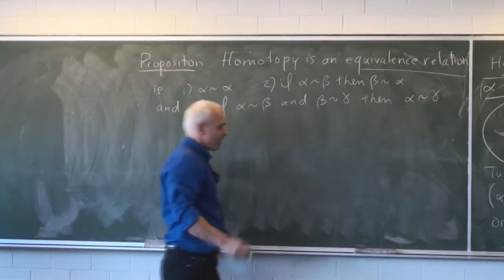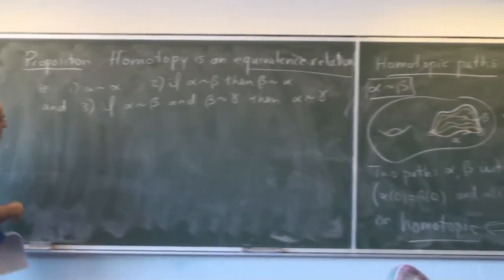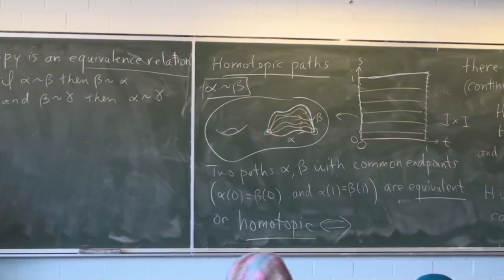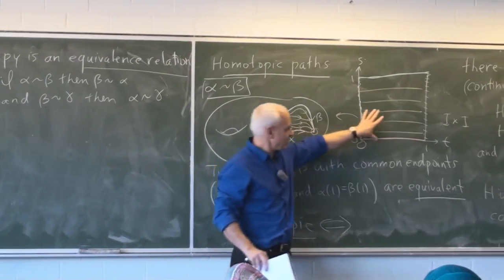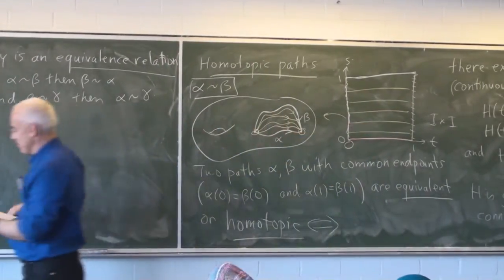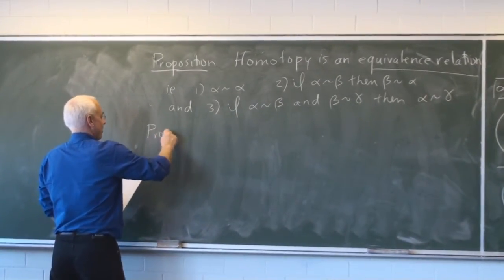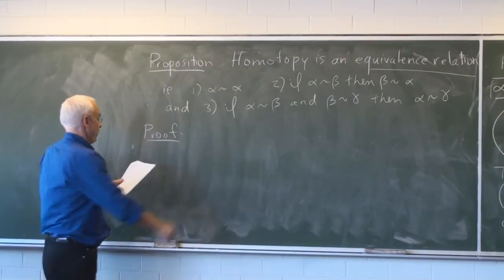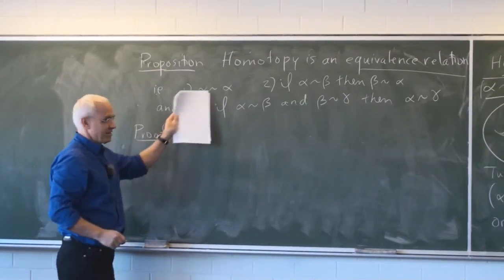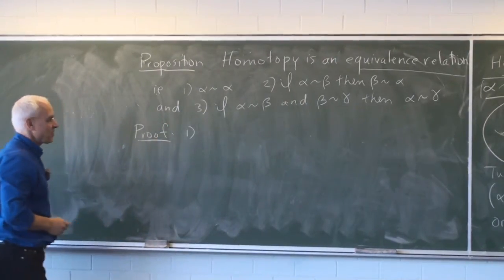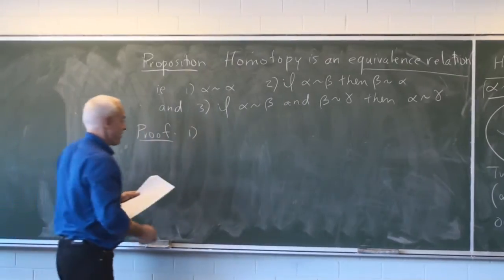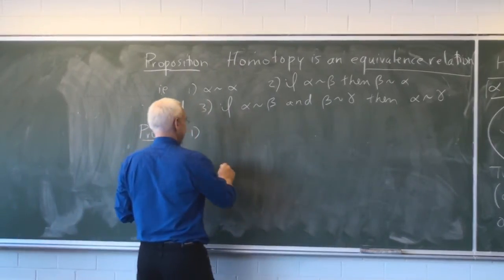Okay, now I'm going to show this by pictures in terms of diagrams like this. Sometimes I'll write down some formulas, but maybe a little bit later I'll dispense with the formulas. Let's start with the proof of the first one. Why is any curve homotopic to itself? Well, let's draw it like this.